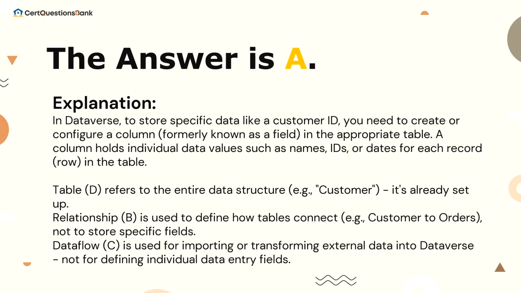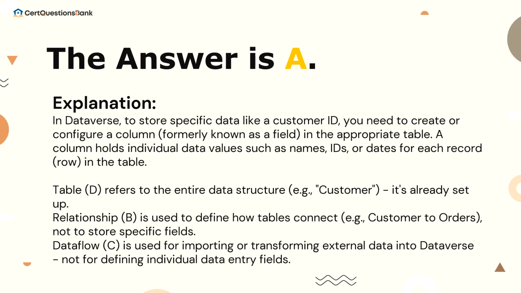In Dataverse, to store specific data like a customer ID, you need to create or configure a column, formerly known as a field, in the appropriate table. A column holds individual data values such as names, IDs, or dates for each record, row, in the table.